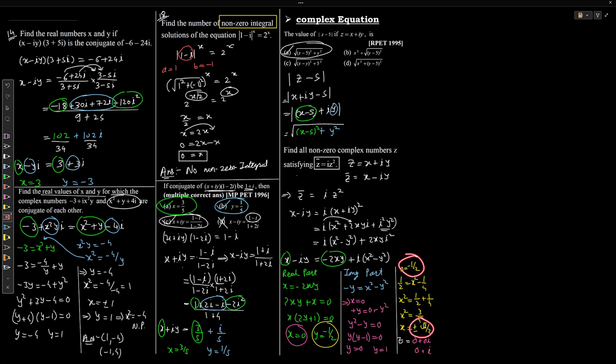So we will get two options. First one root 3 by 2 minus 1 by 2 i, and second minus root 3 by 2 minus 1 by 2 i. So we will get four answers. Done? Ta-da!